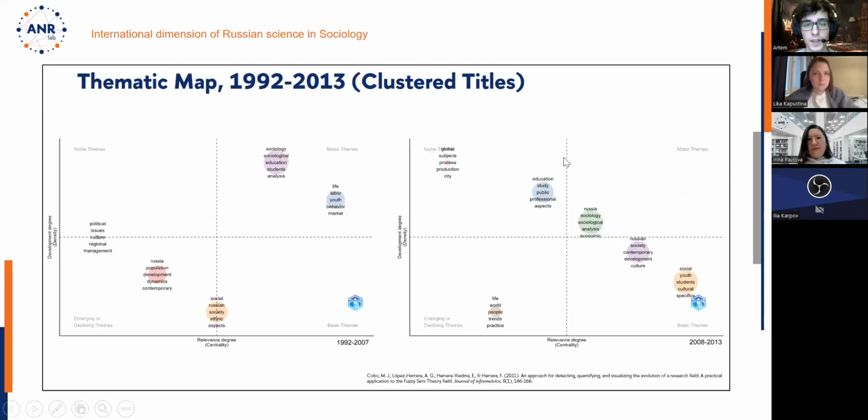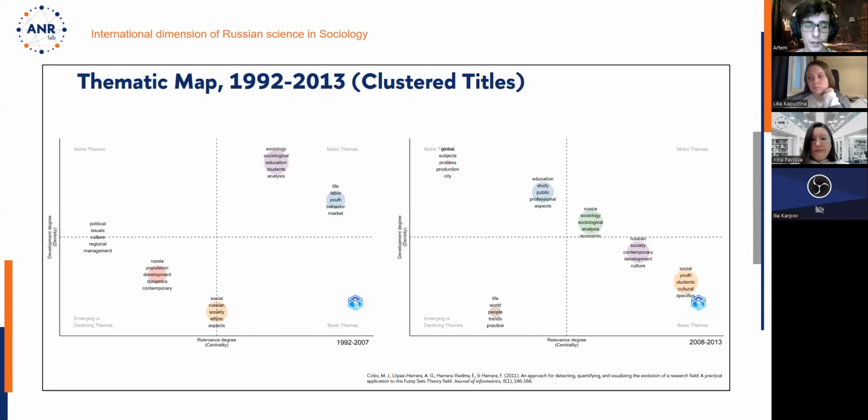Please, the next slide. This is the decomposition of this thematic evolution in terms of how each topic and titles associated with that are living in the current scientific landscape.